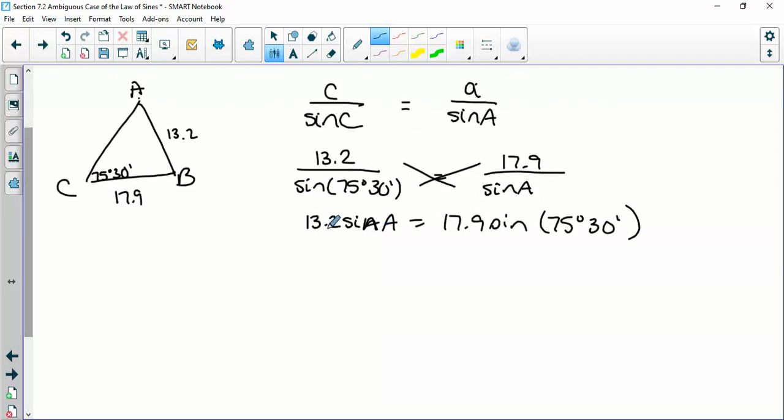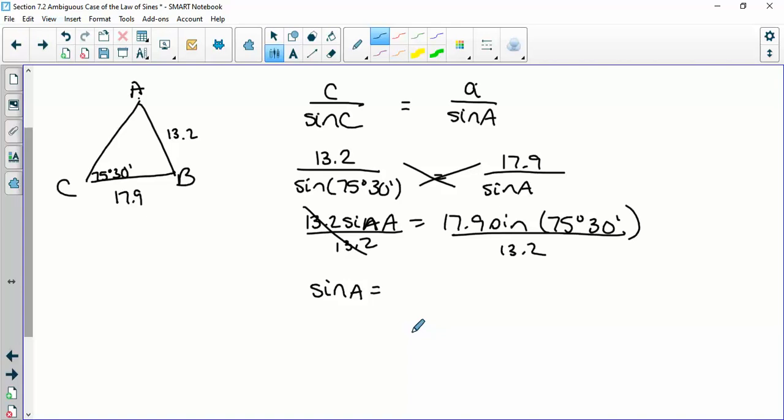To get sine by itself, I have to divide by 13.2. So I have sine A equals, and then I'm just going to plug this in. 17.9.